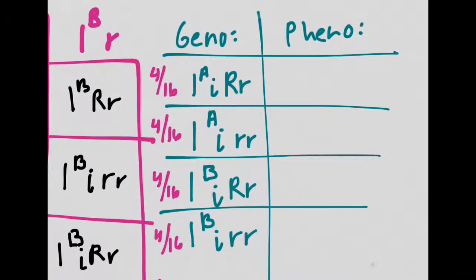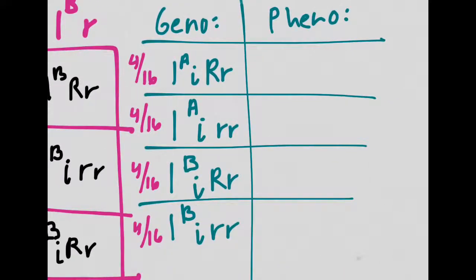So I got 4/16 for each of those genotypes, and so we know that capital IA little i will code for type A blood, and the big R little r, because big R is dominant, will give us a positive. Positive is the dominant trait over Rh negative.